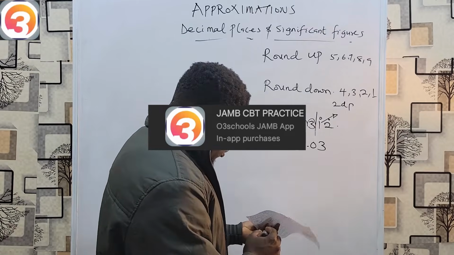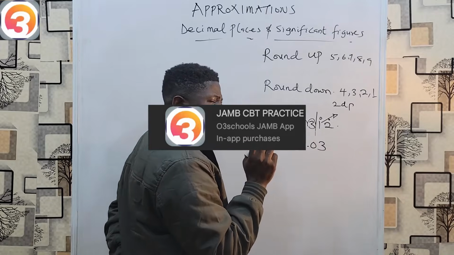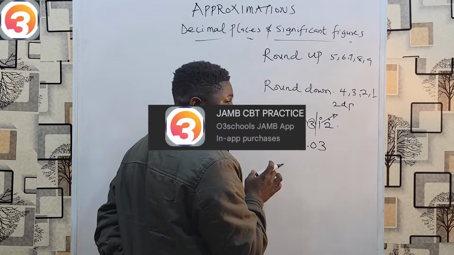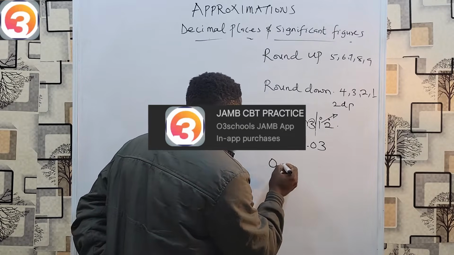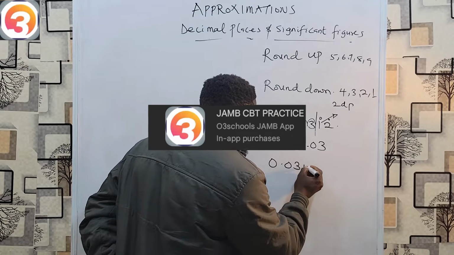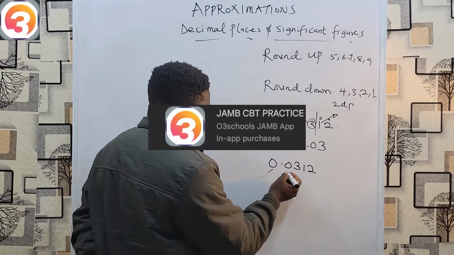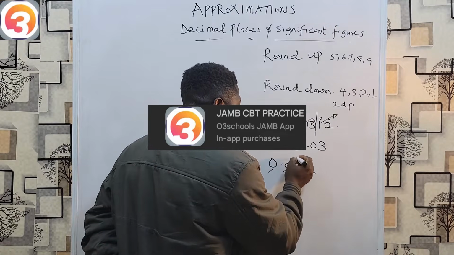So for significant figures now, if they say approximate this decimal number, 0.0312, to 2 significant figures. I've told you, is this 0 significant? No. Is this 0 significant? No. So the first significant number here is 3.